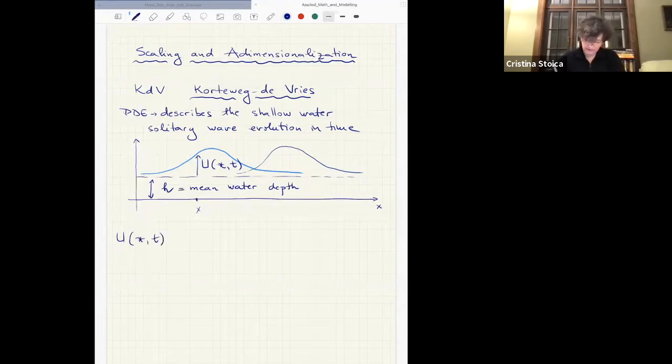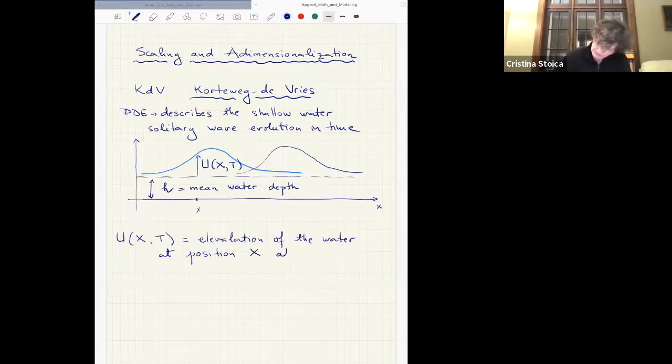Actually, we're going to have a change of variable. So let's put first the capital letter. U of X and T in capital letters is basically the elevation of the water at position X at time T. So this is the X-axis, if you want.